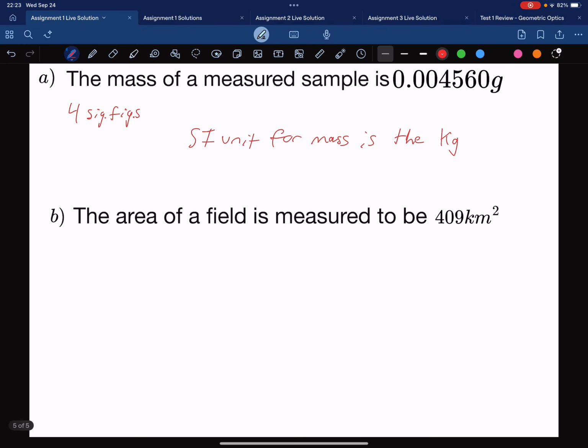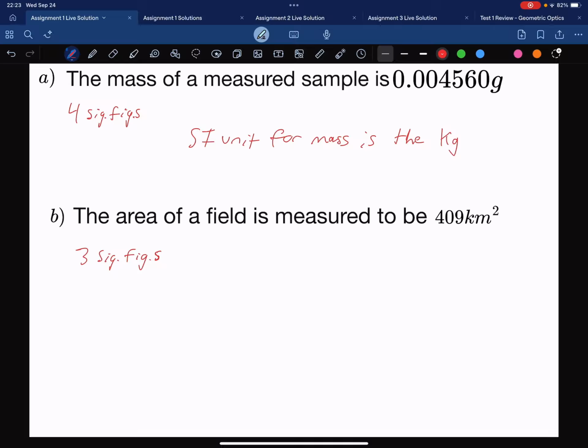Okay. So, in this case, we have 3 significant figures. That 0 is not leading, it's not trailing, it is in the number, so we have 3 significant figures here, based off of the significant figure rules we went over earlier in the course.